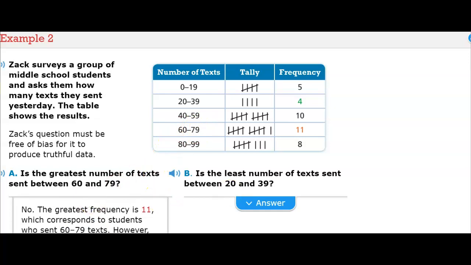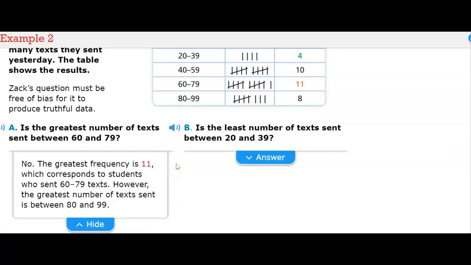The answer is no. The greatest frequency is 11, which corresponds to students who sent 60 to 79 texts.